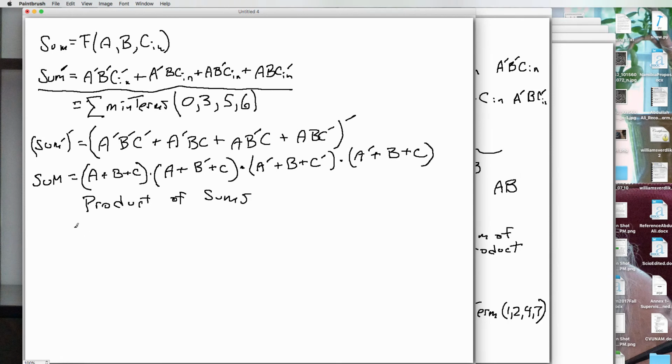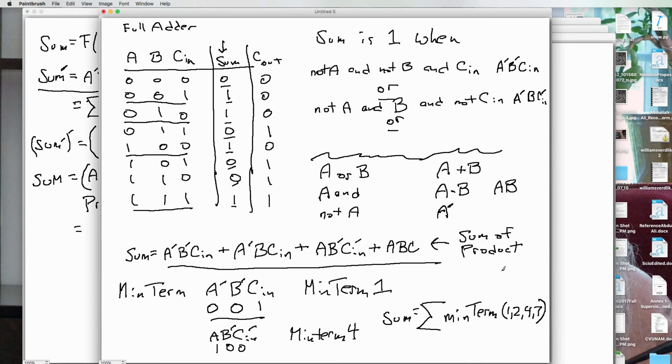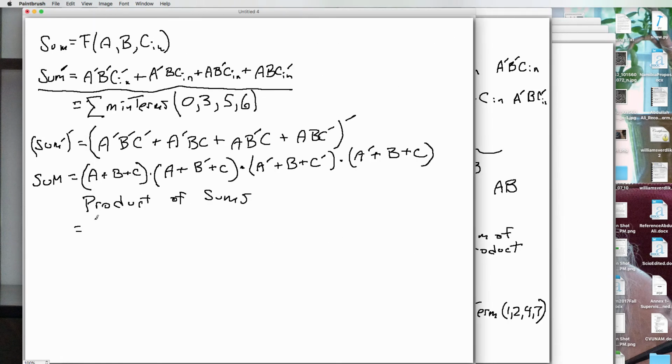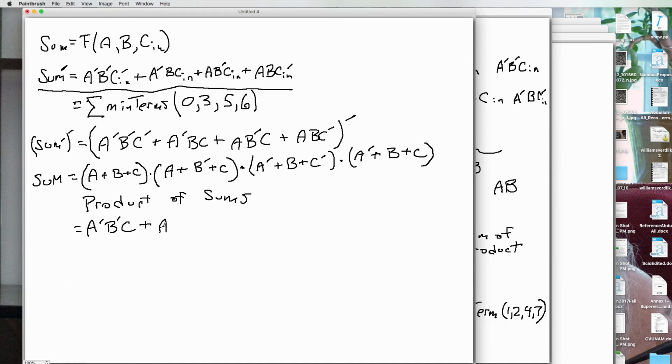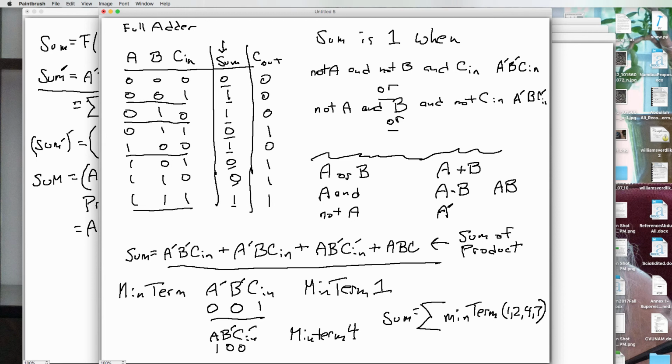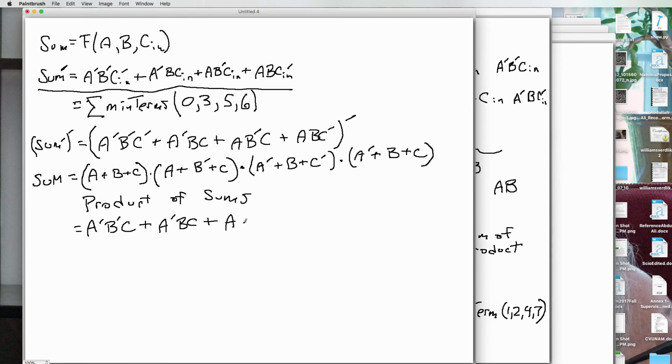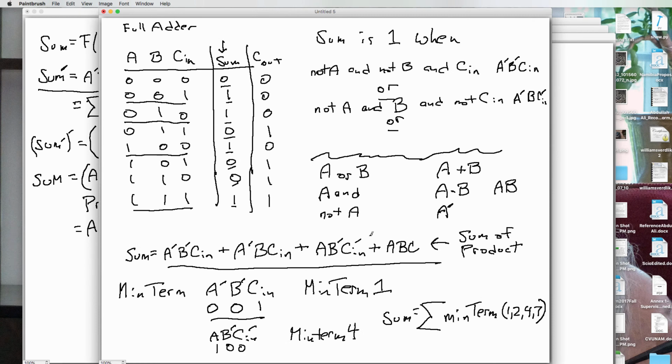Maybe I can rewrite it here. A prime, B prime, C, or A prime, BC, or A B prime, C prime, or ABC.